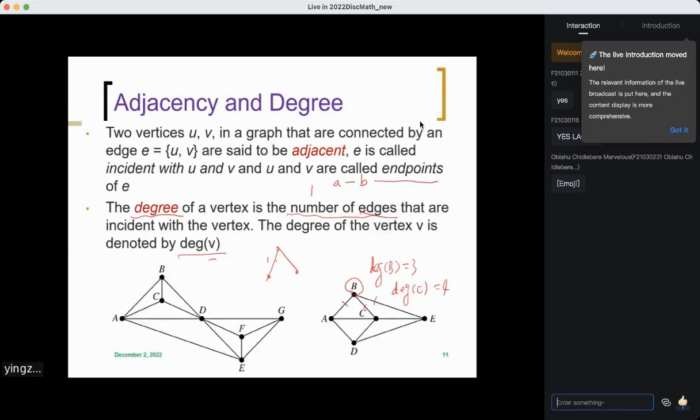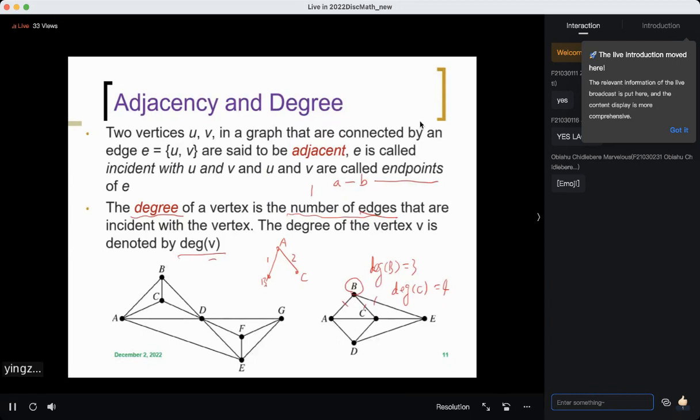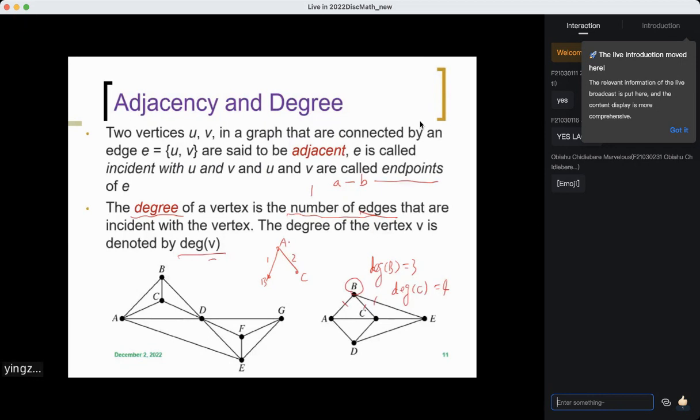For example, this is edge 1, and here is edge 2. Here is A, here is B, here is C. Edge 1 will contribute 1 degree to A and another degree to B. Similarly, edge 2 contributes a degree to A and a degree to C. So we find each edge will contribute 2 degrees.